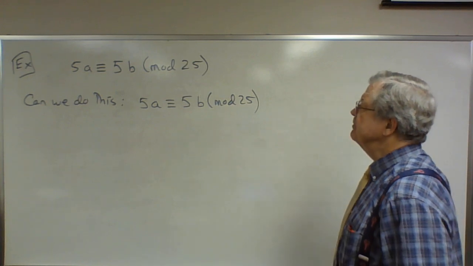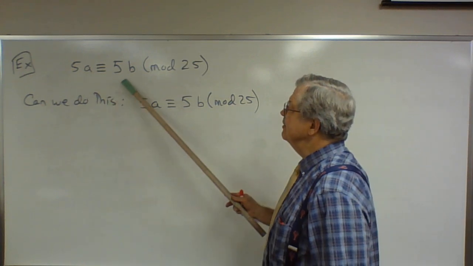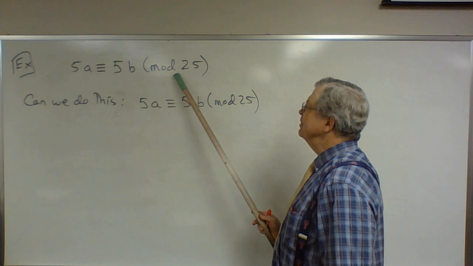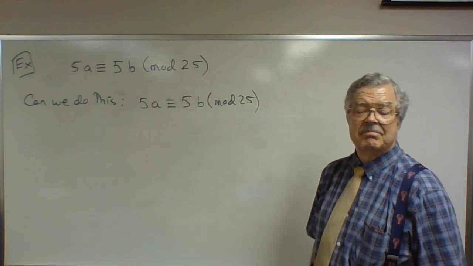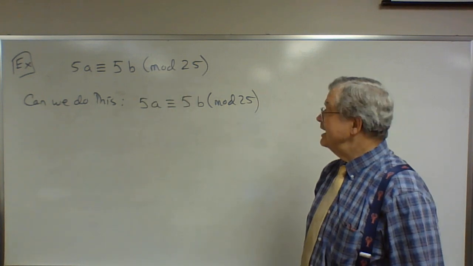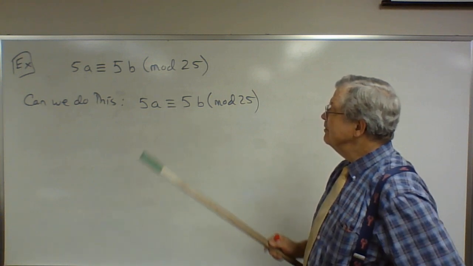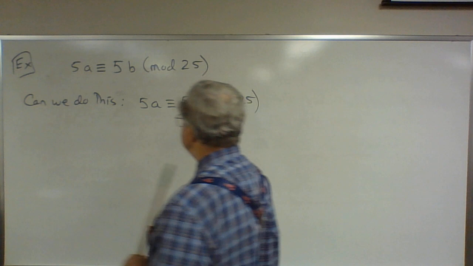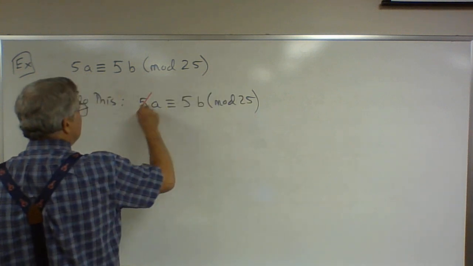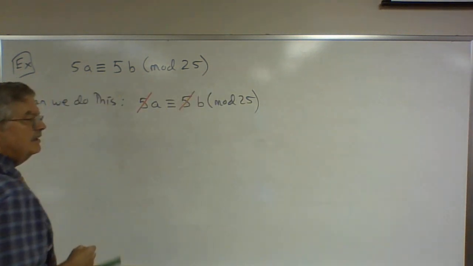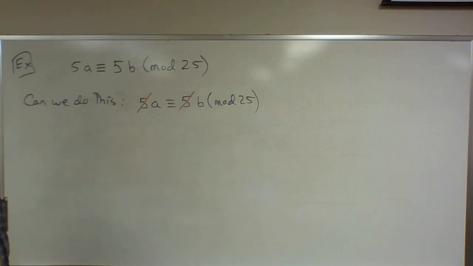What about this one? 5A is congruent to 5B mod 25. Can I divide both sides by 5? Can I do this? Tell me the answer.